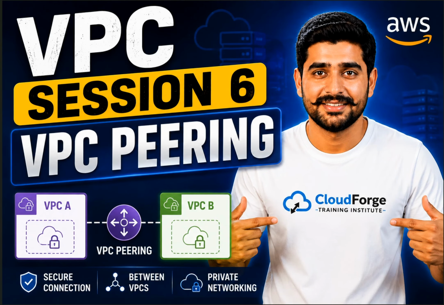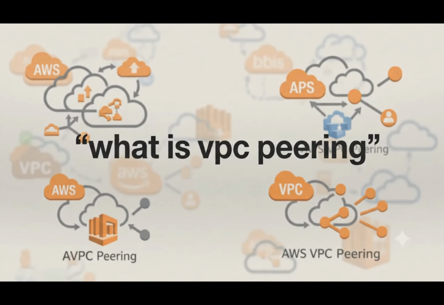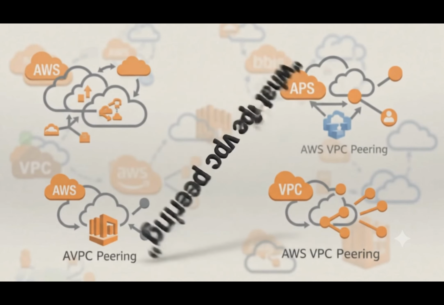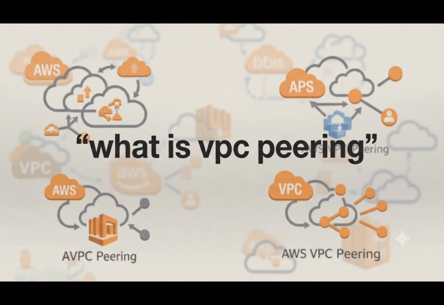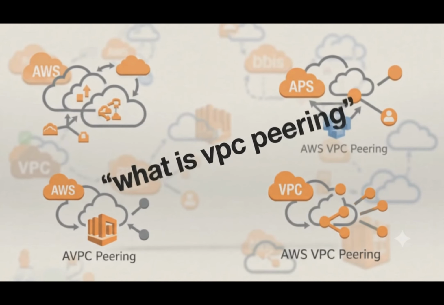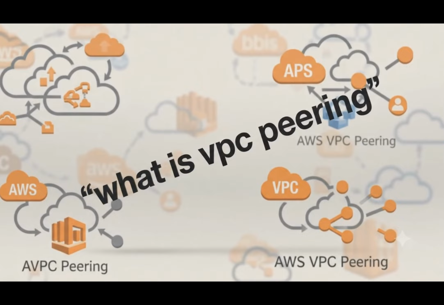Today we will discuss VPC Peering. It is nothing but private network connections between two or more VPCs.